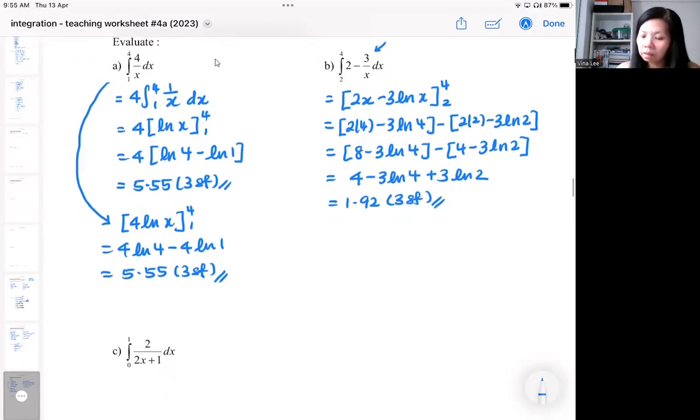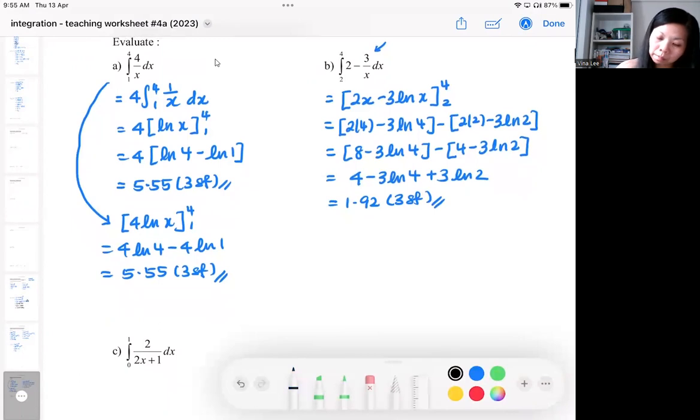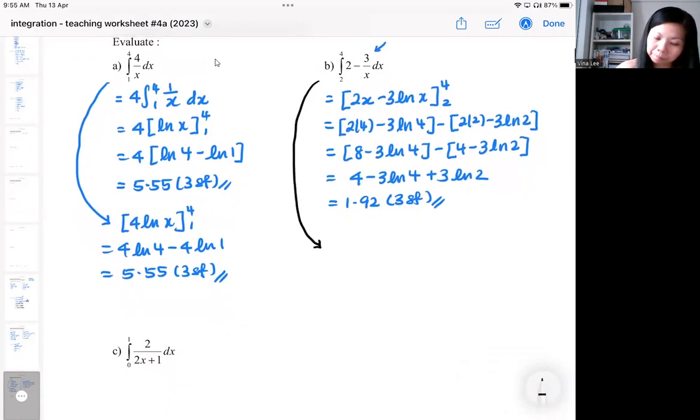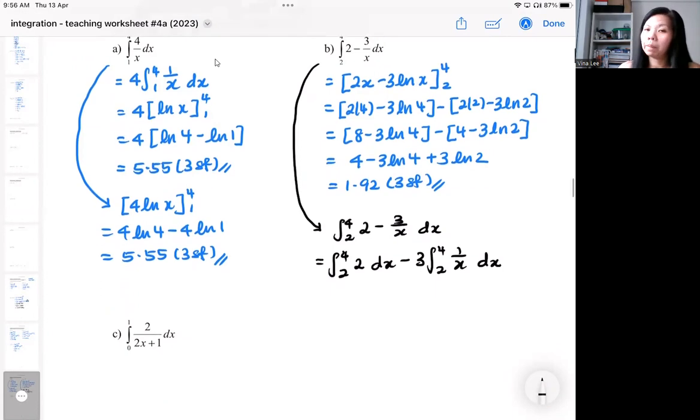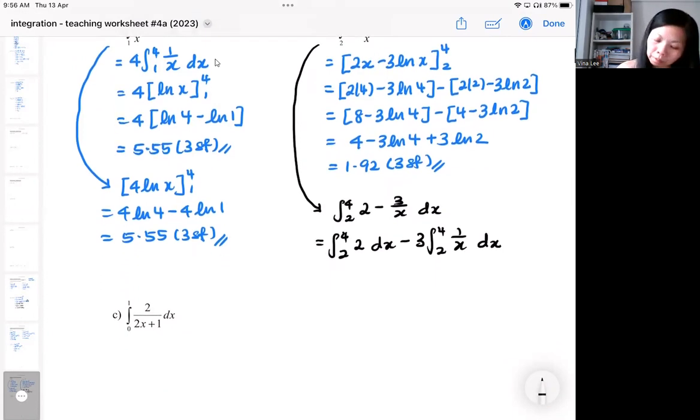So alternatively, some students, right, they might prefer to split them up. So I show you another way. So both are correct. Some students prefer to do something like this. So under the property of definite integral, you can split them up into two separate integrals.